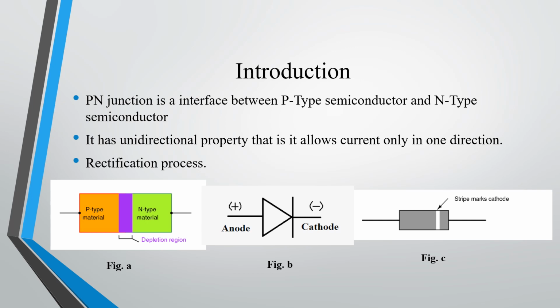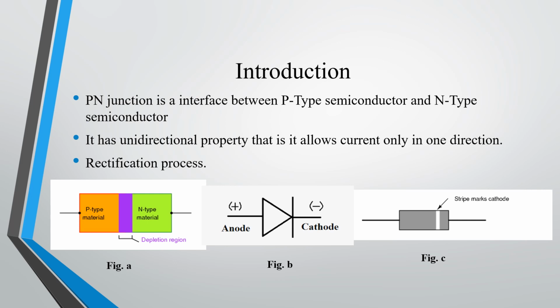This PN junction diode will have plenty of applications, but the main important application is the rectification process, that is, to convert an AC voltage to a DC voltage. That we will discuss in later classes. Now we'll see how it works.